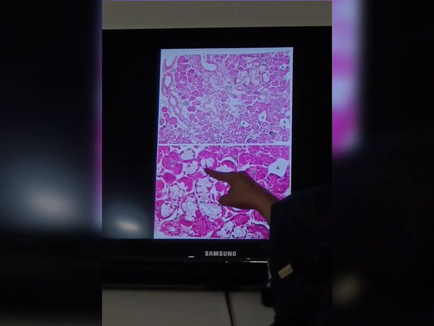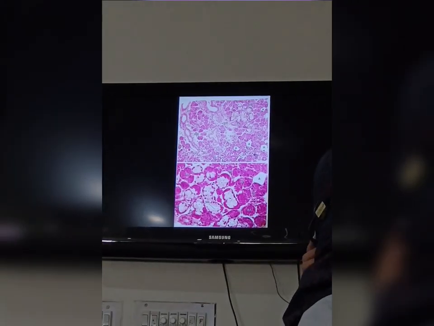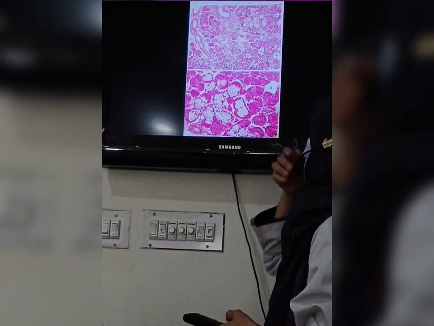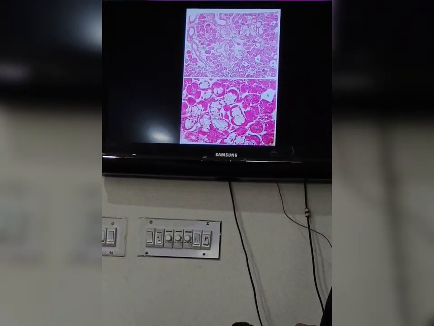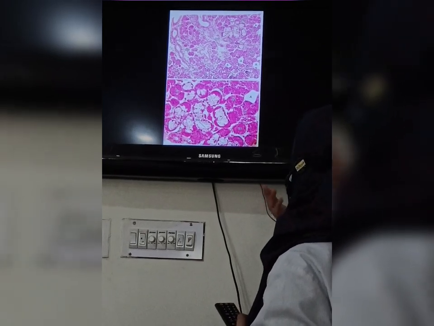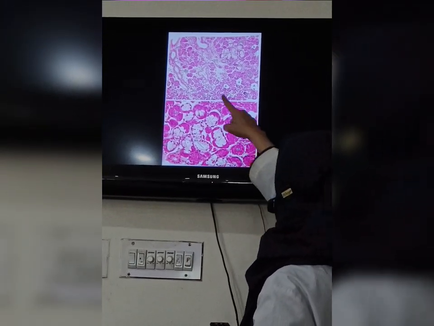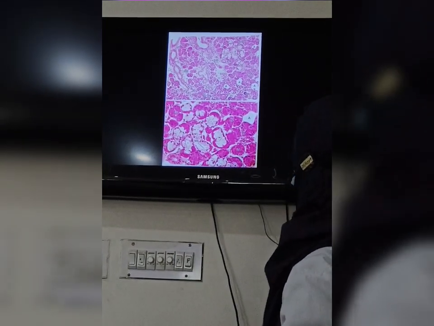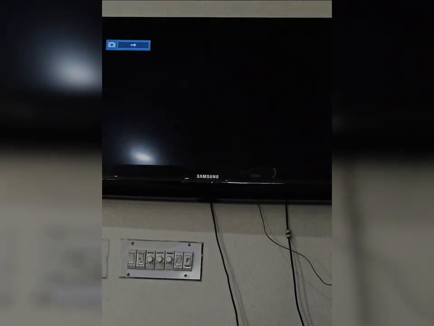So the gland which shows 90% serous acini and 10% mucous acini is the submandibular gland, right? Here we observe very clearly the striated duct and the intercalated duct along with the other duct system.